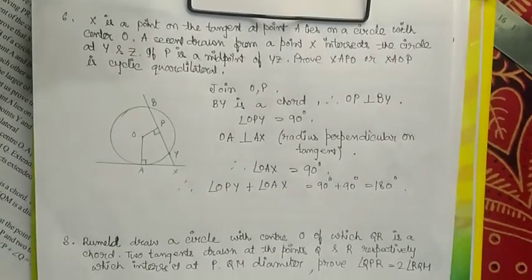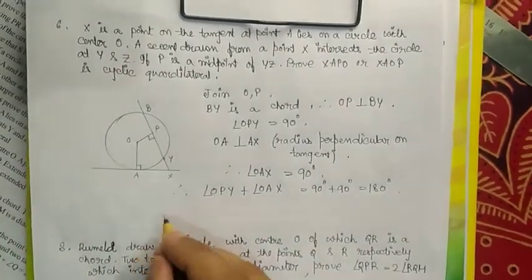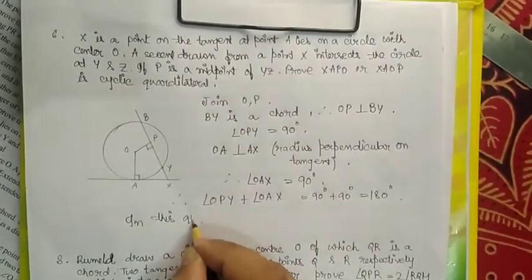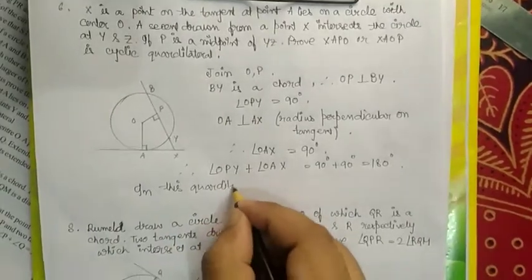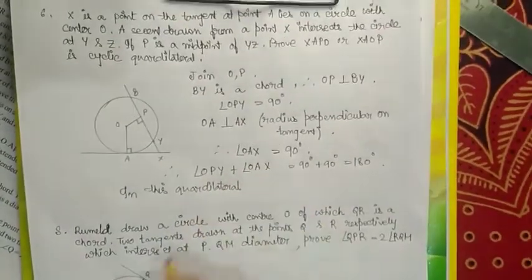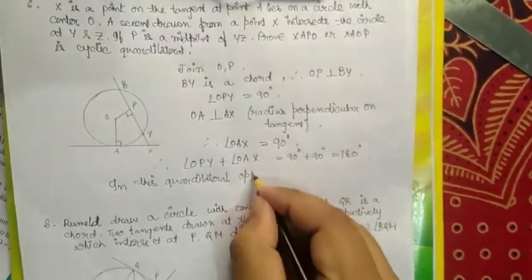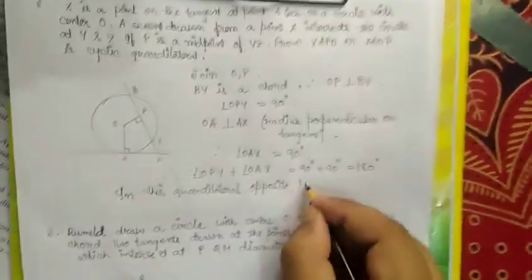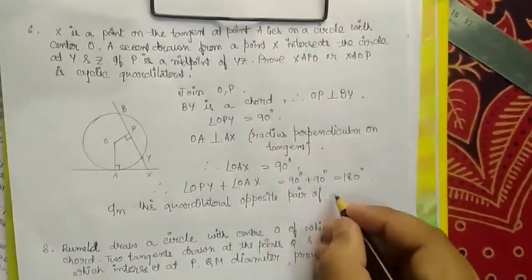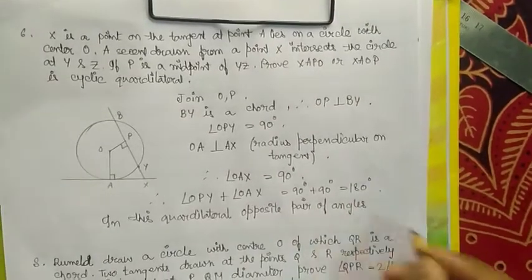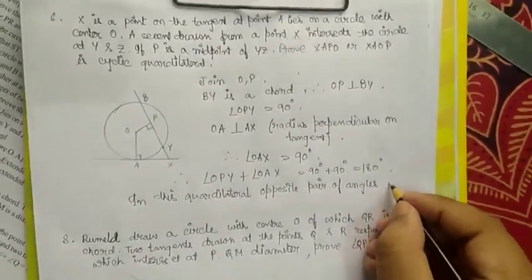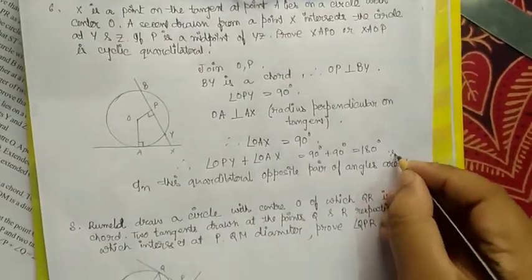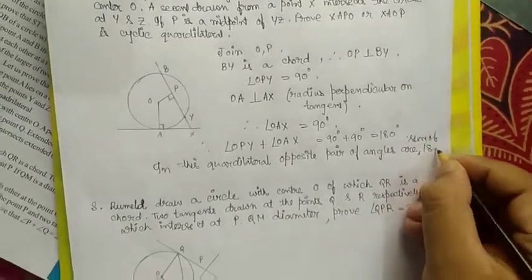So we can say that in this quadrilateral, the opposite pair of angles sum to 180 degrees.